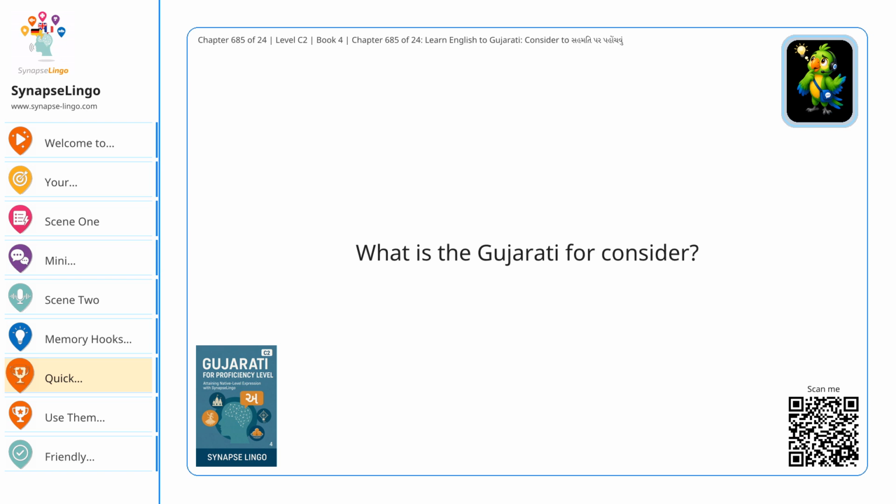What is the Gujarati for consider? What is the Gujarati for to take note of? What is the Gujarati for to accept? What is the Gujarati for initiate? What is the Gujarati for bring up?